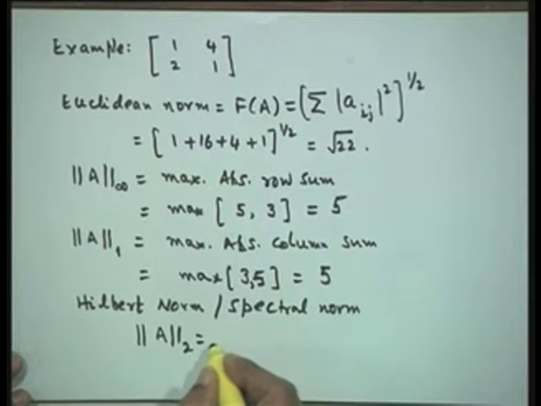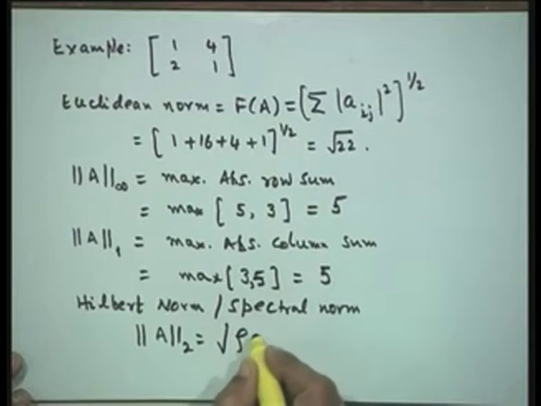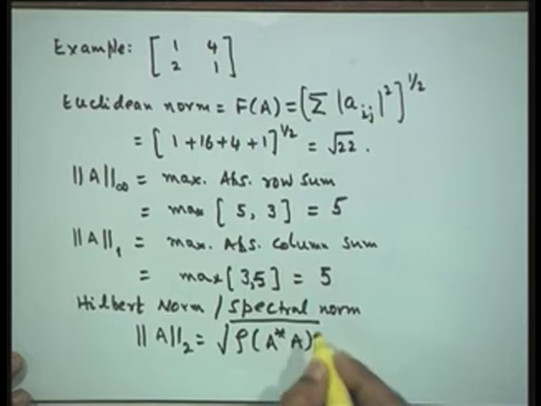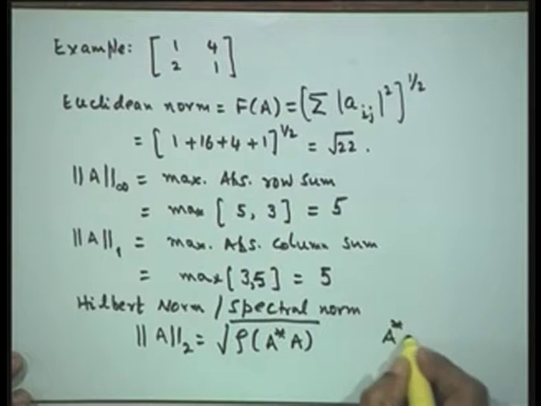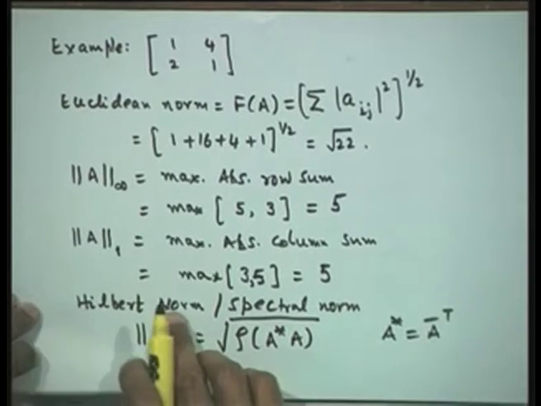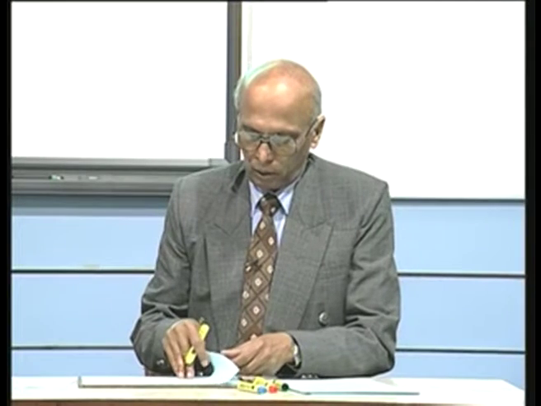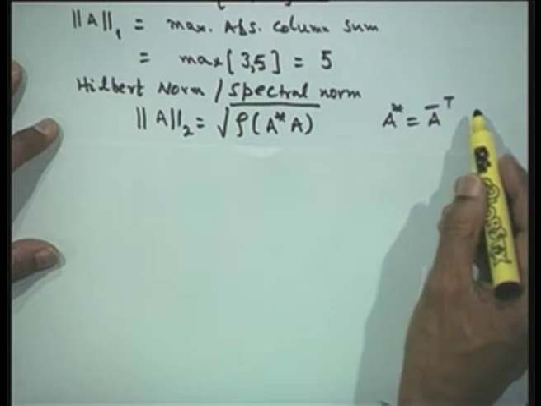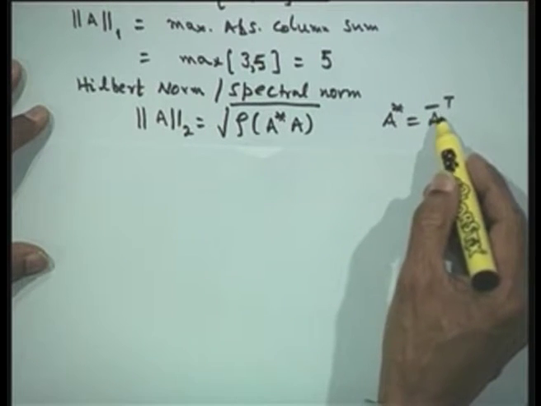The definition was the square root of the spectral radius of A star A, where A star is the conjugate transpose of A. Now, in our case the matrix is not symmetric, therefore we need to form this particular matrix, but here the matrix is real, therefore the conjugate is the same as the given matrix. So, this will be simply A transpose.